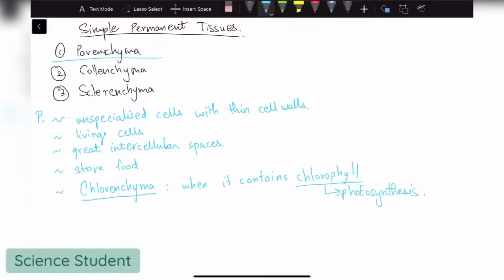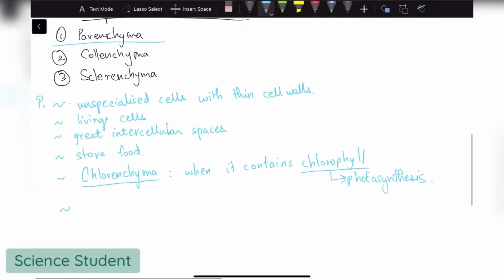Now in aquatic plants, like the lotus, the lotus floats due to the presence of parenchyma with more air spaces in between, and thus this parenchyma is called aerenchyma.